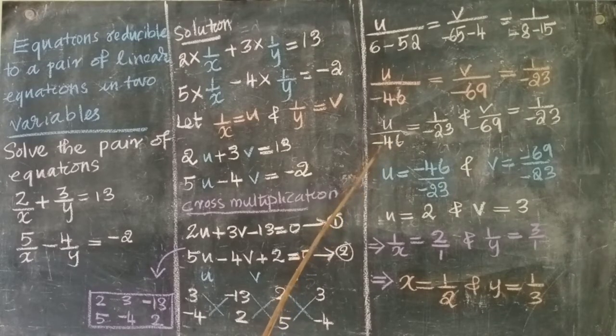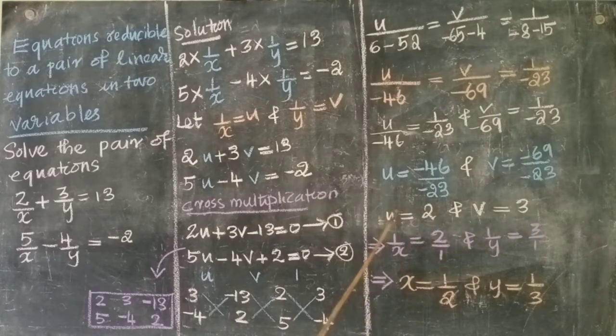Minus 46 is dividing here. If it goes to the right side, you have to multiply, meaning it will go up. So, u equal to minus 46 by minus 23, and v equal to minus 69 by minus 23. That is, u equal to 2 and v equal to 3.